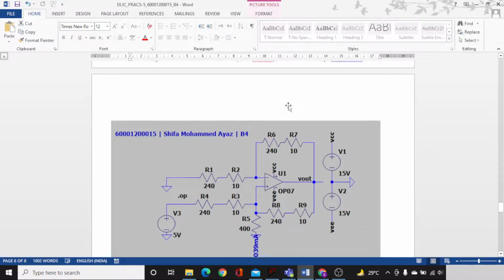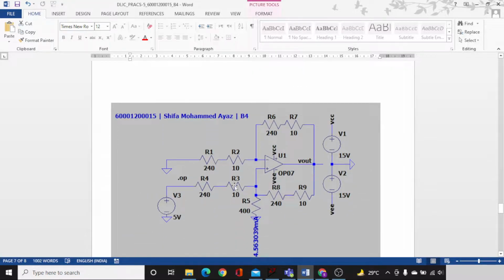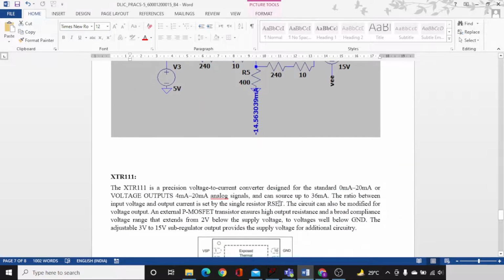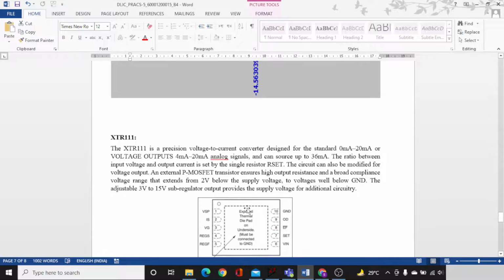Since this circuit is not easy to implement practically, we have a special IC created to give very precise values of V to I converters. These standard values are from 0 milliamps to 20 milliamps or from 4 milliamps to 20 milliamps.